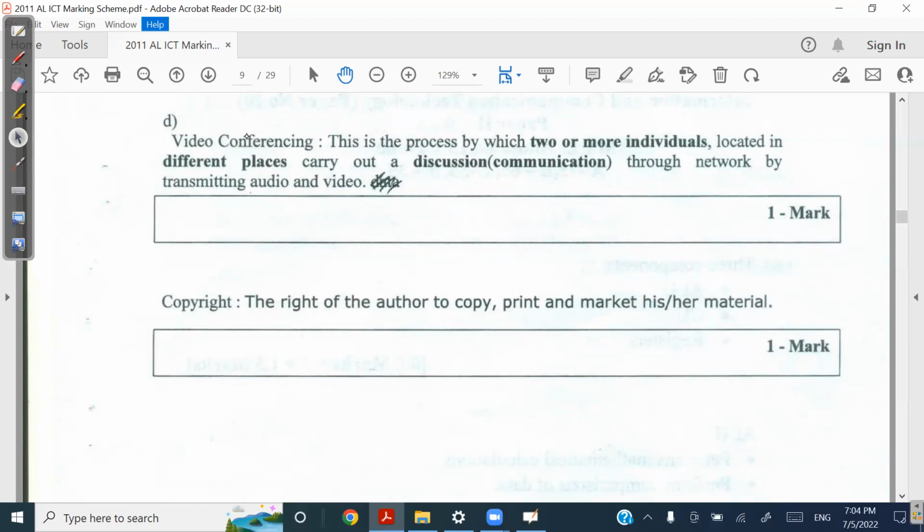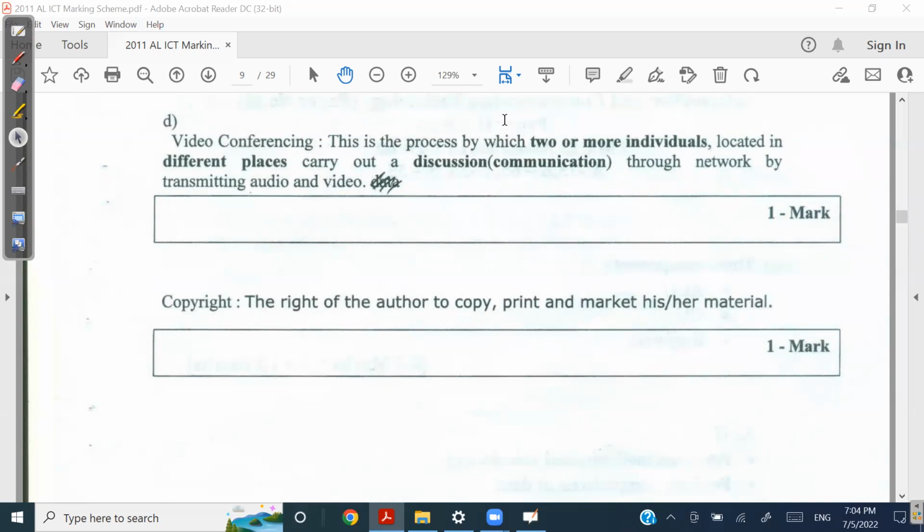It says this is the process by which 2 or more individuals, that is a key point for video conference, you should say 2 or more people, or a group of people located in different places, carry out a discussion or communication through a network by transmitting audio and video.